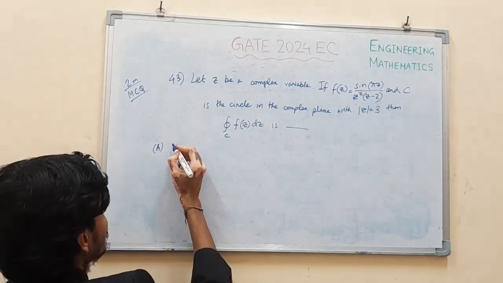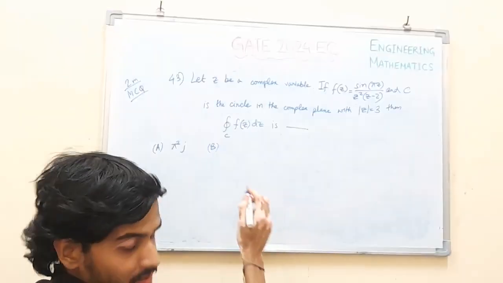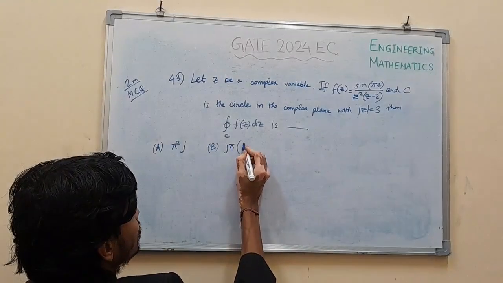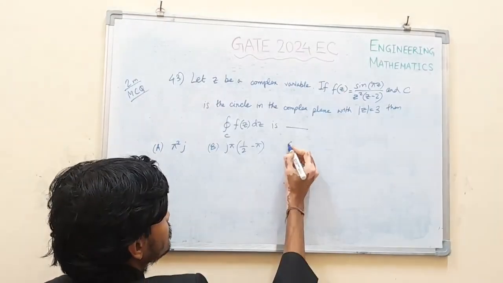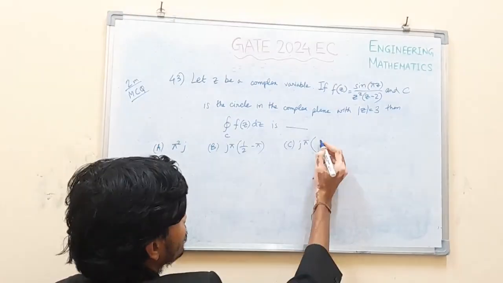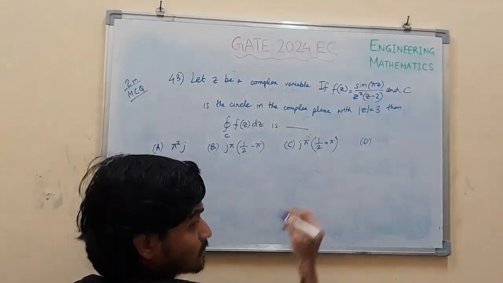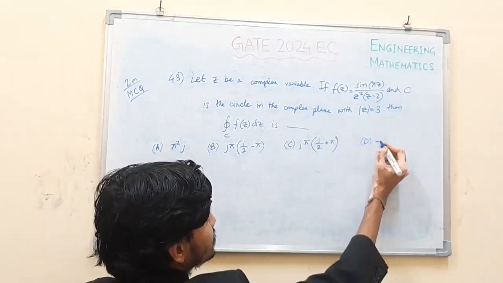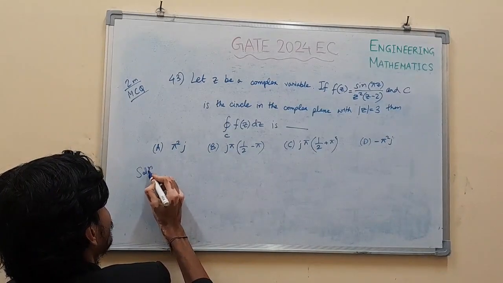Options are given as A pi square j, B j pi times half minus pi, C j pi times half plus pi, and option D minus pi square j. This is a very easy question.